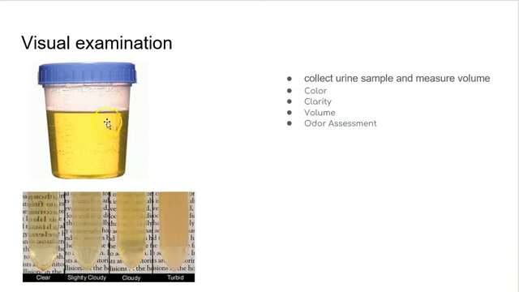We also can measure the volume of the urine we collected, and also we can assess the odor of the urine. So for visual examination, we are able to check the color, clarity, volume, and odor assessment.